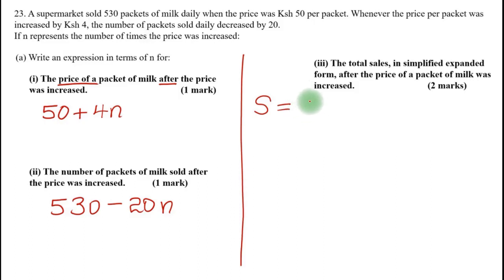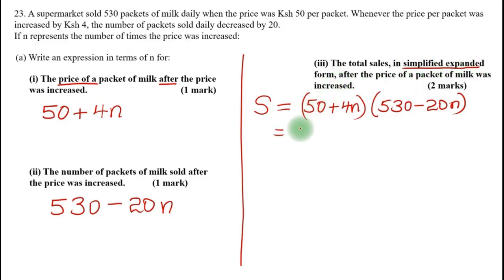So the new price is 50 plus 4n, multiplied by the number of packets sold, which is 530 minus 20n. We need to give it in simplified expanded form. Therefore, we have 50 multiplied by (530 minus 20n), plus 4n multiplied by (530 minus 20n).